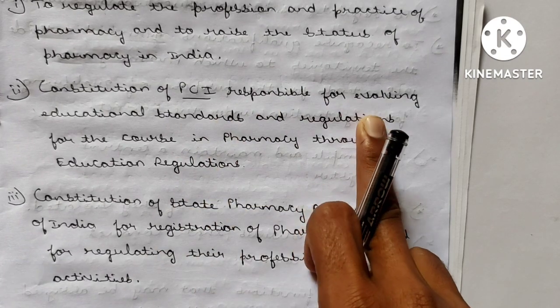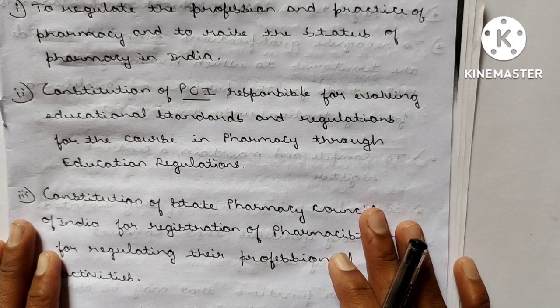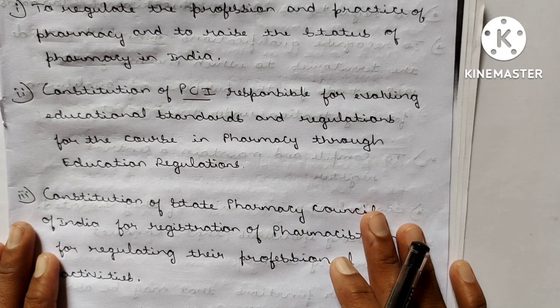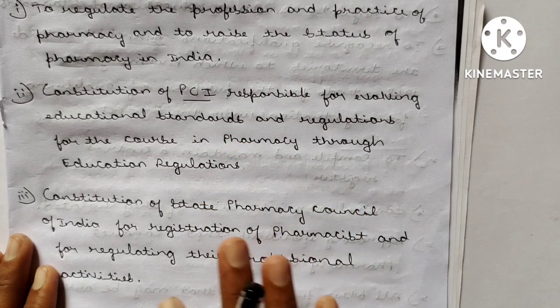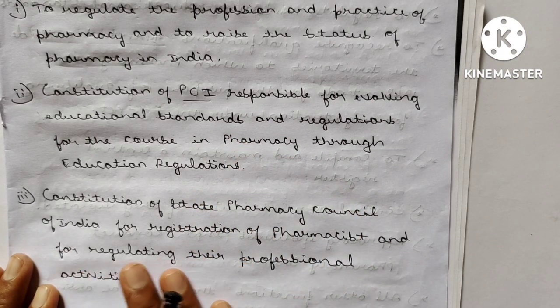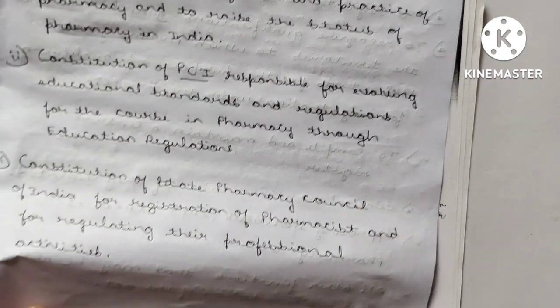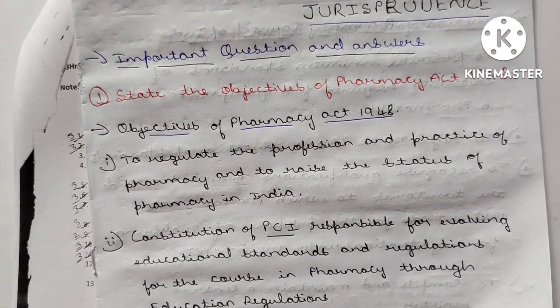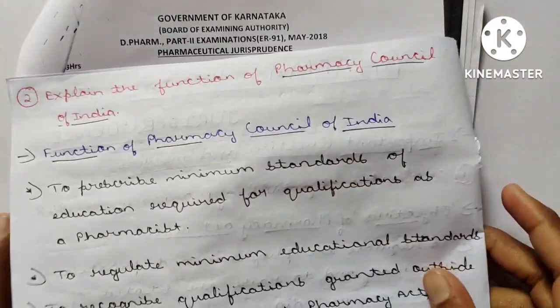For example, PCI belongs to the whole of central India, Pharmacy Council of India. Now the state, for example, you are doing your pharmacy in Karnataka. That is the State Pharmacy Council, for registration of pharmacists and for regulating their professional activities. These are very, very important for the Pharmacy Act of 1948.